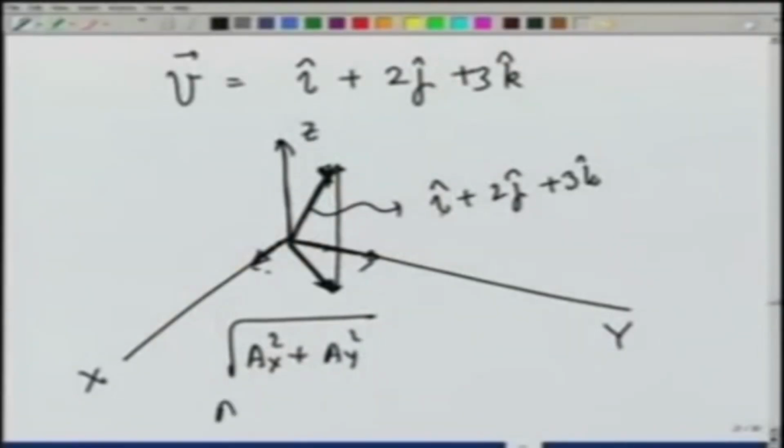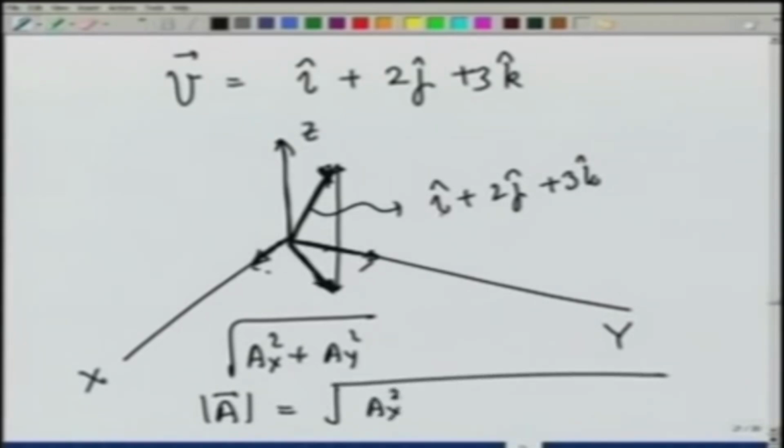So, the net magnitude would be the square root of a x square plus a y square plus a z square. This is the magnitude of the vector, and you can see that direction is easily seen and visualized by making the vector using these unit vectors.